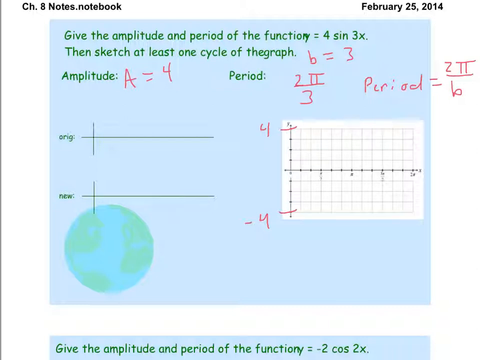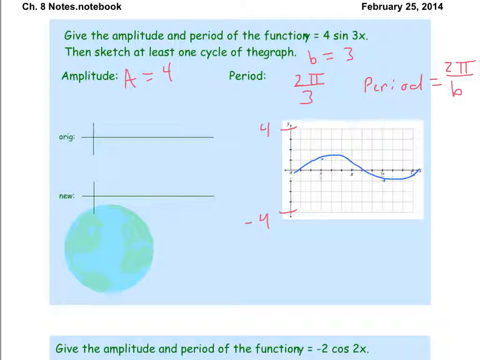That is much shorter than 2 pi. Okay, whereas the original sine curve would have been something like this. It would have gone, let's see, up to 1, back to 0, down to -1 and 0. Okay, I know that's not real accurate, but it's just a sketch.